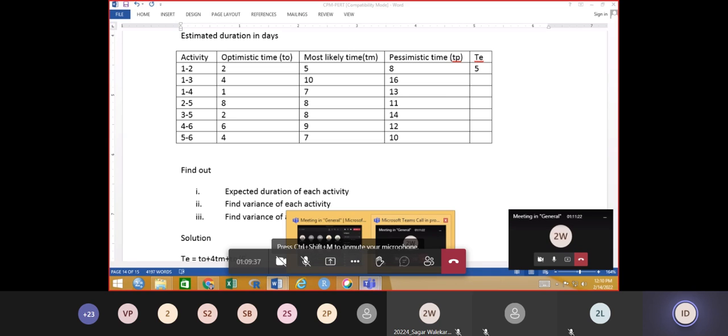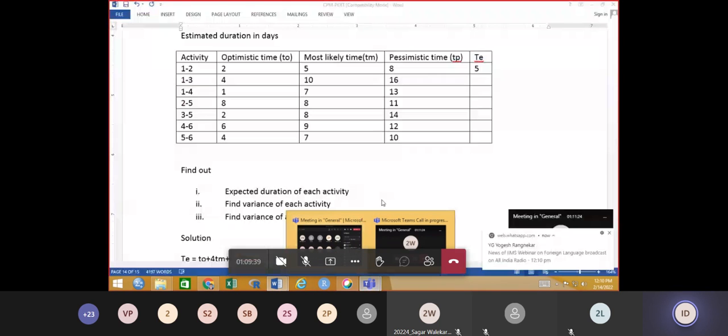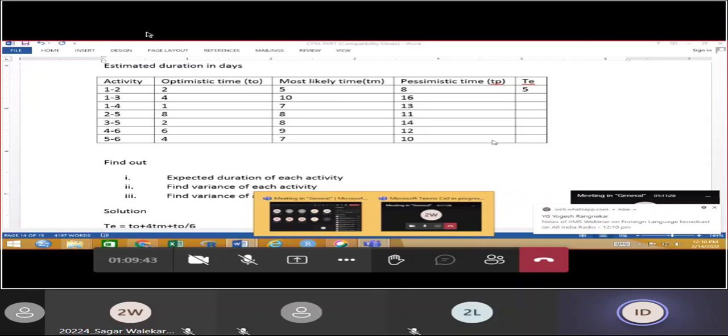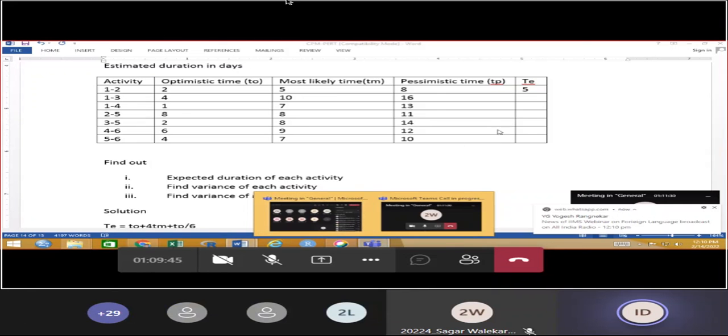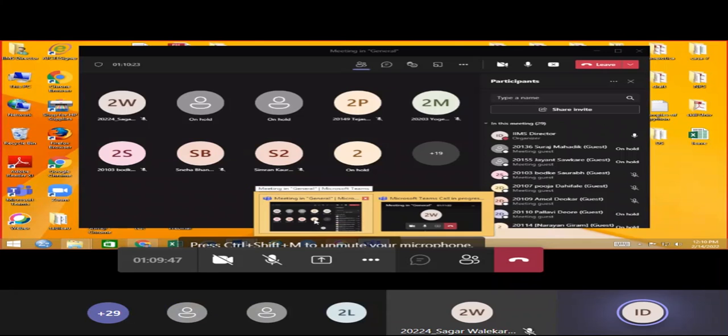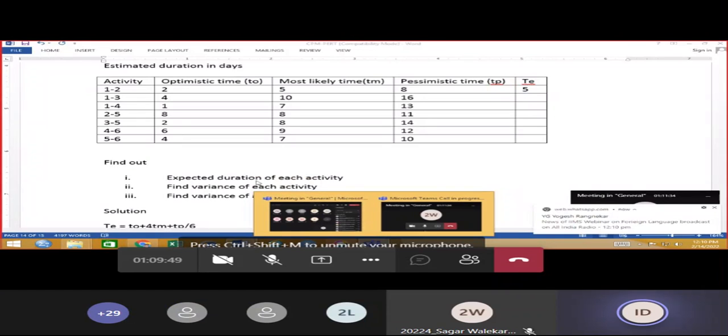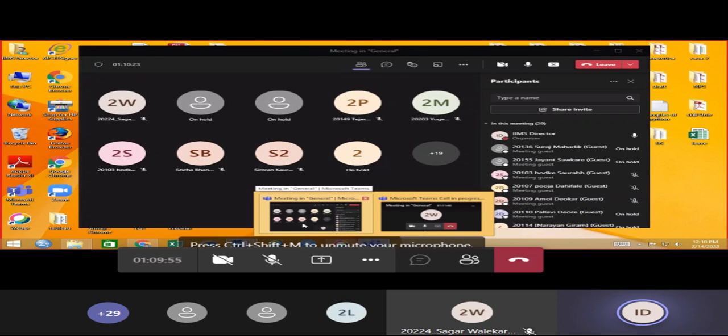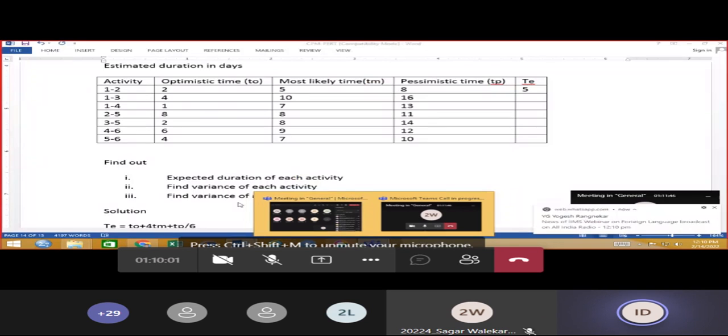Over. Only calculate T, don't calculate variance. One by one we will go. Is it over? Yes or no? Come on, tell me.